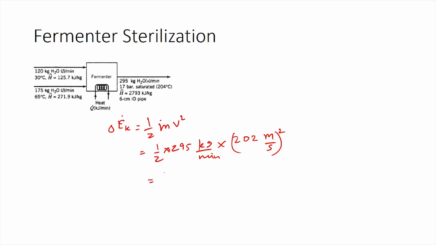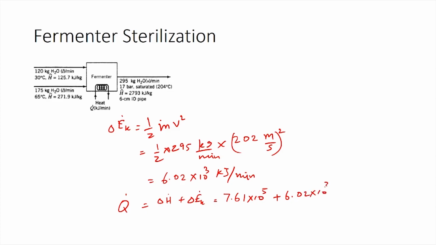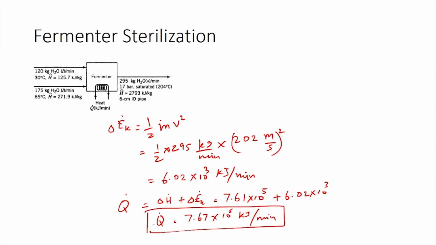So, we get a value of 6.02 times 10 power 3 kilojoules per minute. So, substituting this back into the equation for heat, we get Q dot equals delta H dot plus delta Ek dot, which is 7.61 times 10 power 5 plus 6.02 times 10 power 3, giving us Q dot equals 7.67 times 10 power 5 kilojoules per minute. So, this is the heat which needs to be supplied to the system.